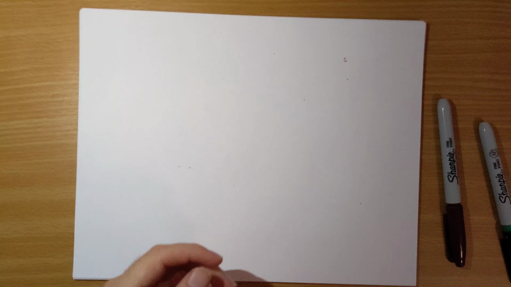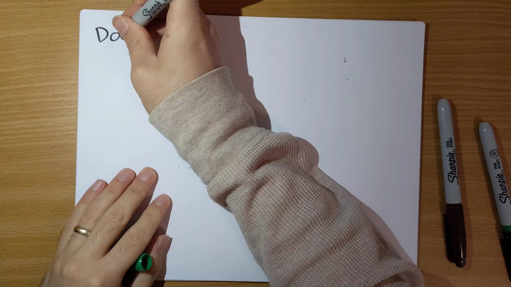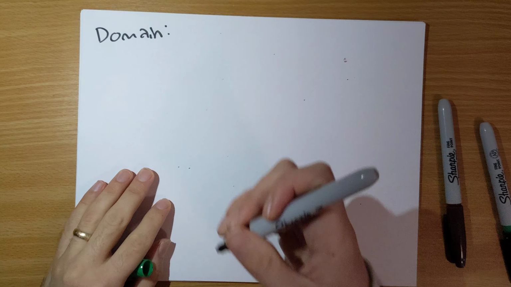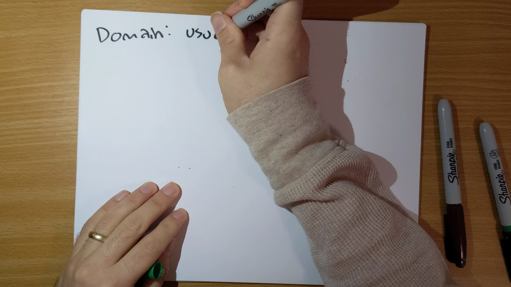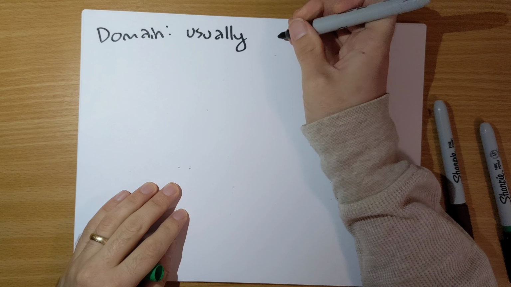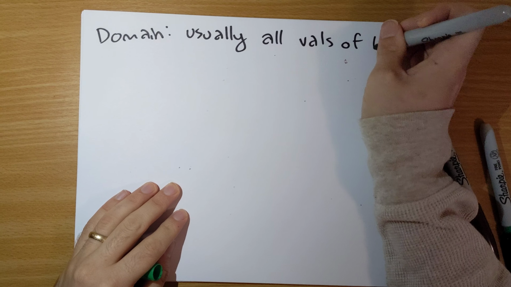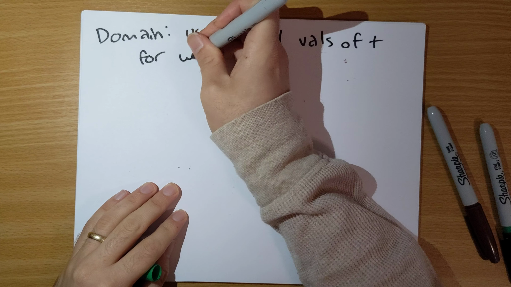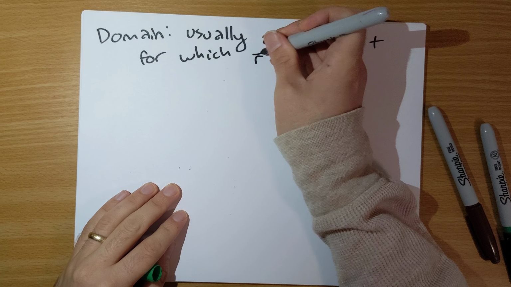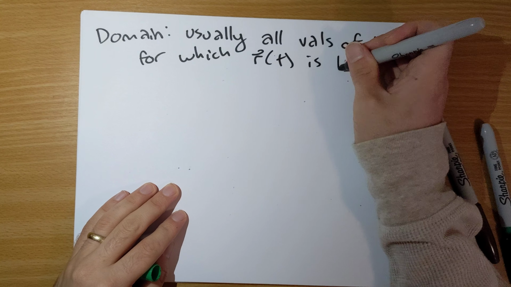One more comment: whenever we think about new classes of functions, we should think about domains. Domains are usually, not always, but usually all values of t for which r of t is defined.